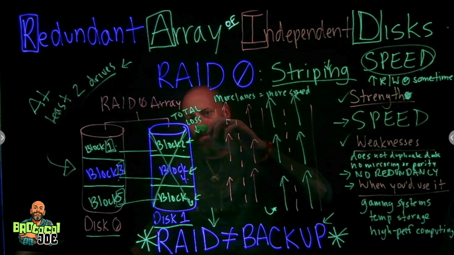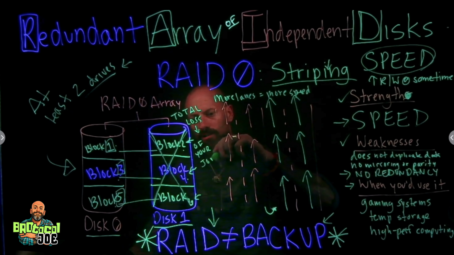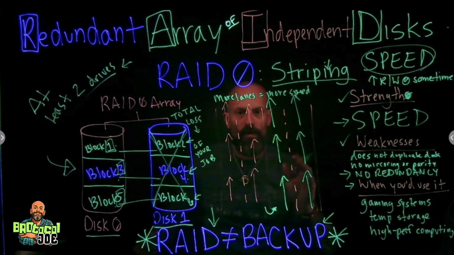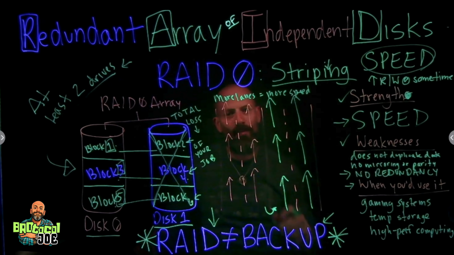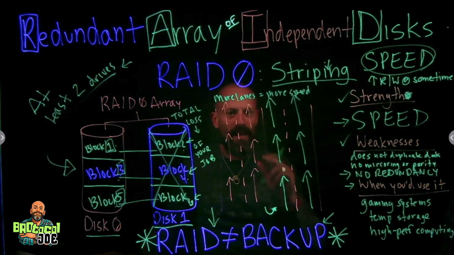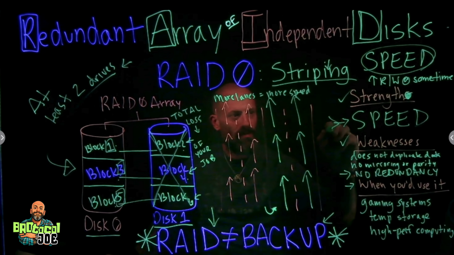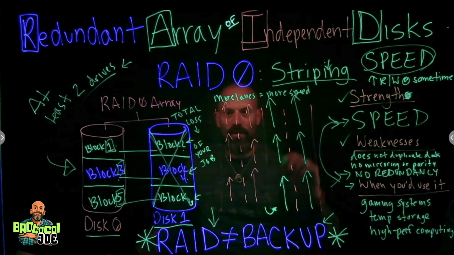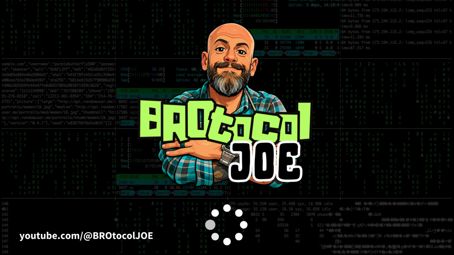And you might even say a total loss of your job. So RAID 0 gives you maximum performance, but it sacrifices data protection. And really, in a nutshell, that's RAID 0. Next up, we're going to look at RAID 1, which flips the script and focuses on data protection using mirroring.